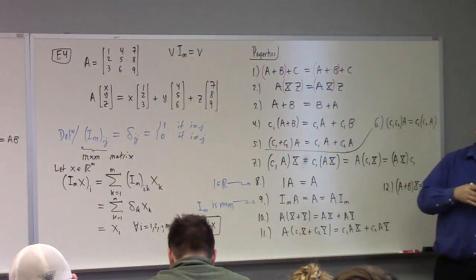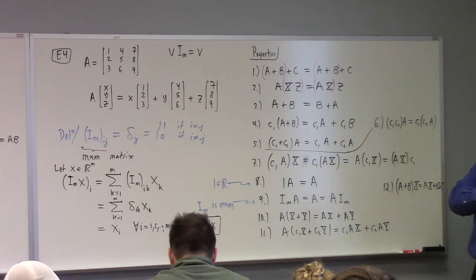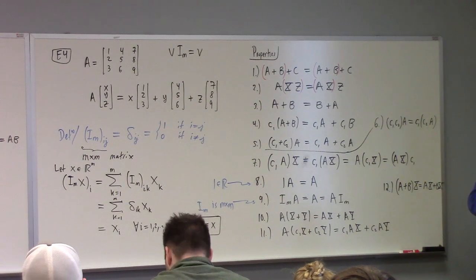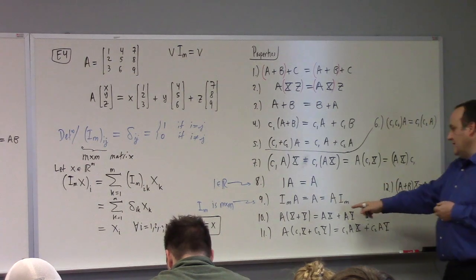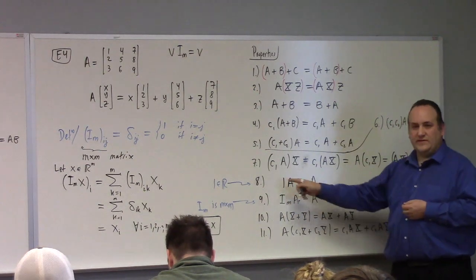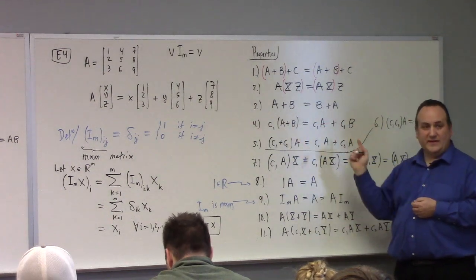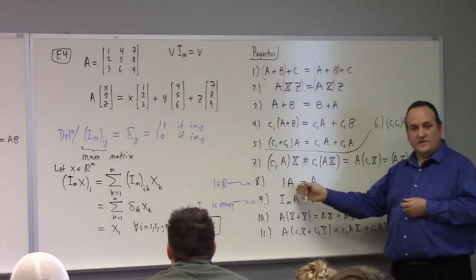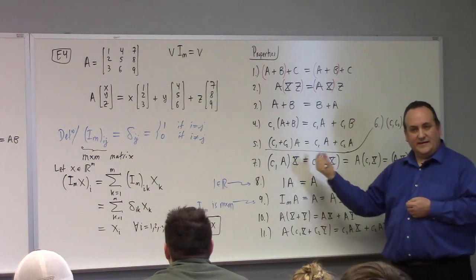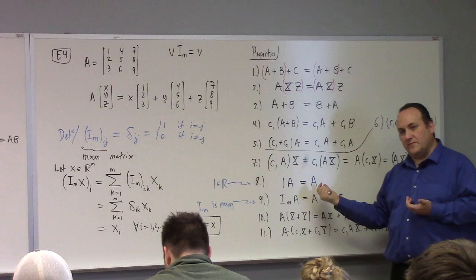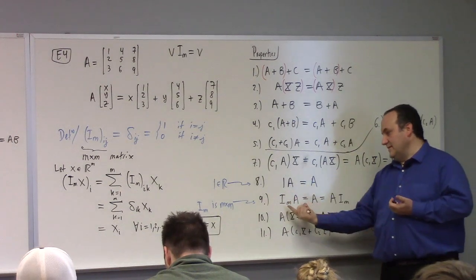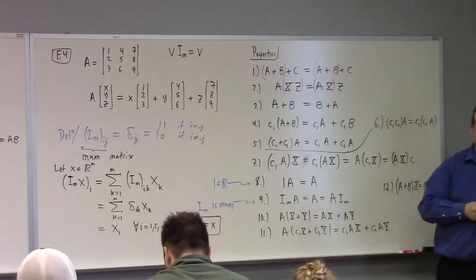So any appropriately sized matrix times the identity matrix gives you back the matrix again. I can prove this by using the proposition in the middle board repeatedly on each column of the matrix A, because I times the first column gives me the first column, I times the second column gives me the second column, and so forth. So if I know that, I can easily learn 9.